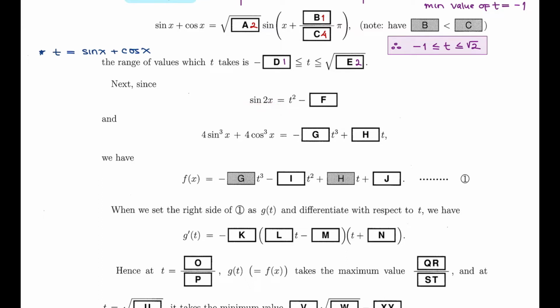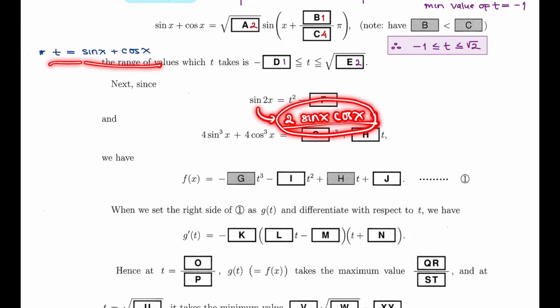If you remember the double angle identity, sine 2x is equal to 2 sine x cos x. This expression we can obtain by squaring this whole equation.